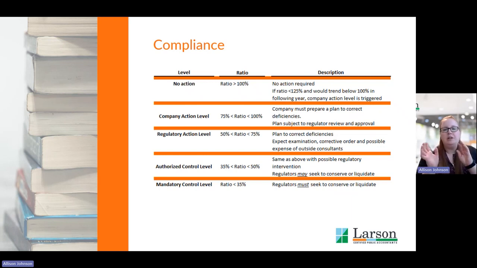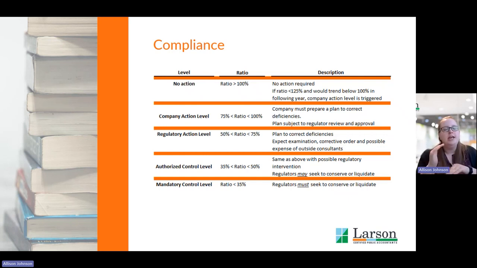Note that if you're below 125% and you're trending downward, then a company action level may be triggered. So just be aware of that. If things are trending downward, even though you aren't officially in the next category, be aware that that may still trigger. So speaking of the next category, which is company action level.